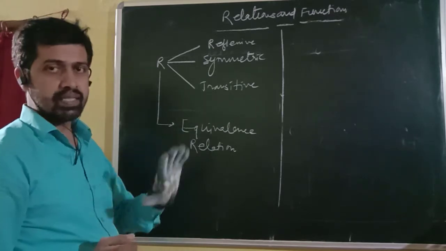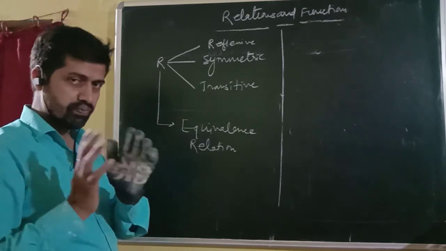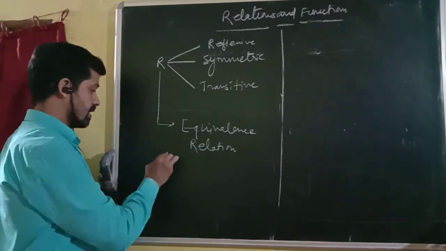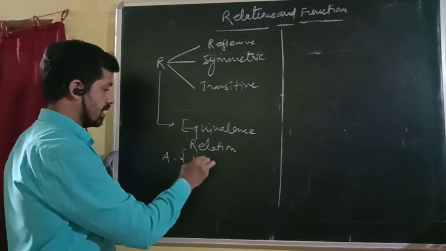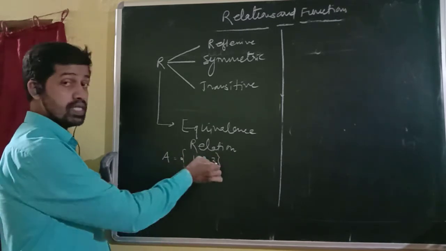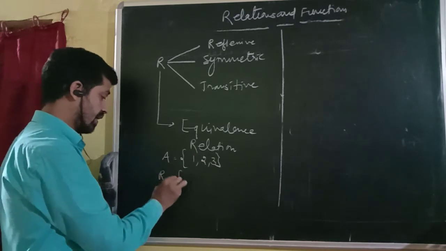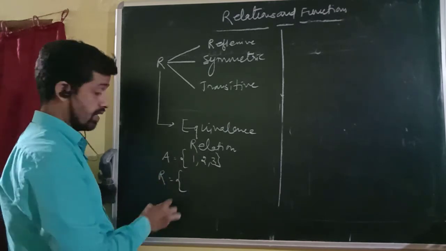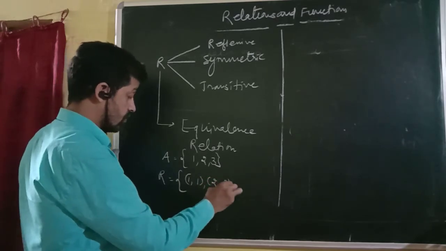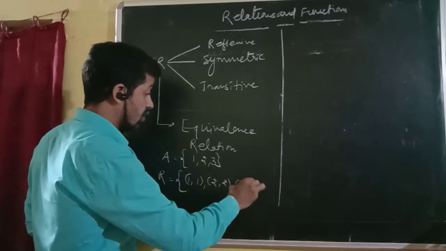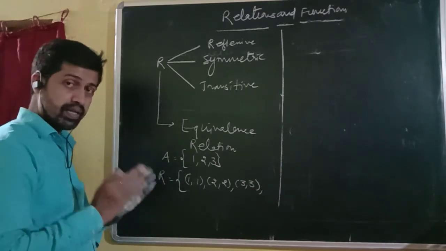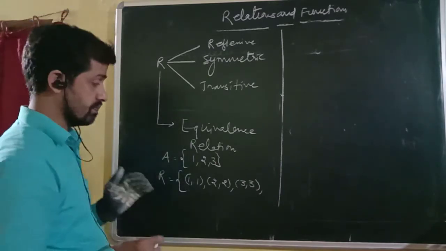So we take some examples of equivalence relation and we start with simple examples. Say set A is there containing 1, 2, 3. Now on this set I define a relation containing (1,1), (2,2), (3,3) because we are making it an equivalence relation.